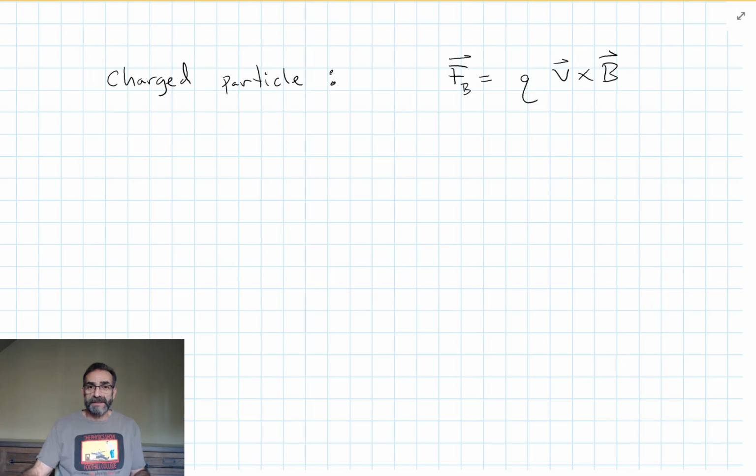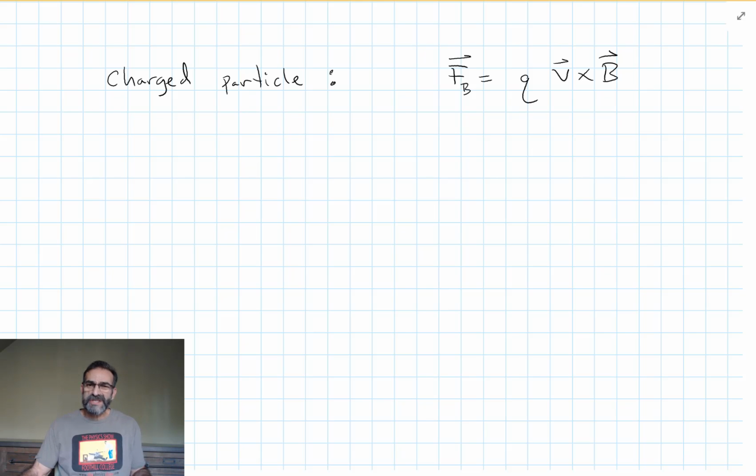We've been talking about the fact that charged particles feel a force when they move through magnetic fields, if certain conditions apply, if the velocity has some component that's perpendicular to the magnetic field.